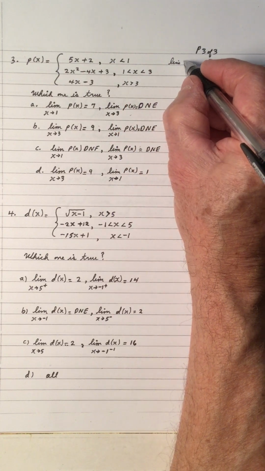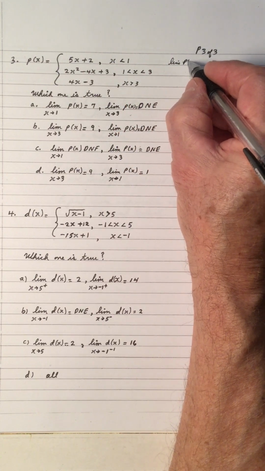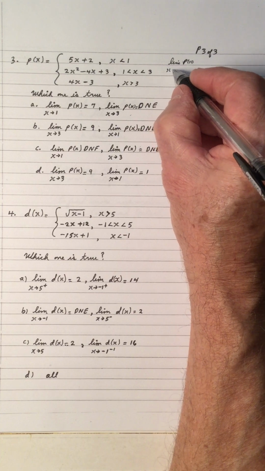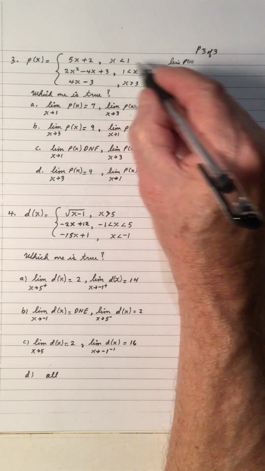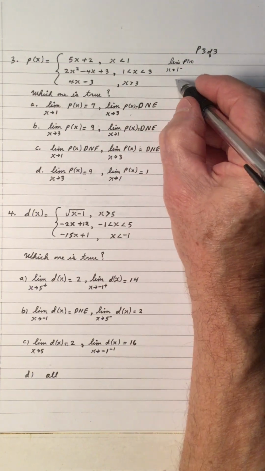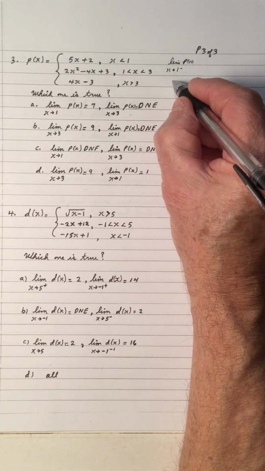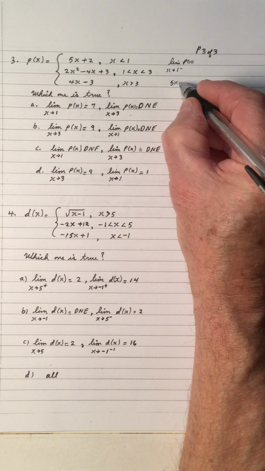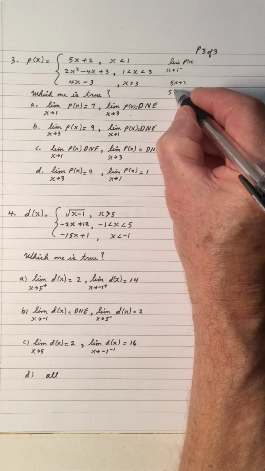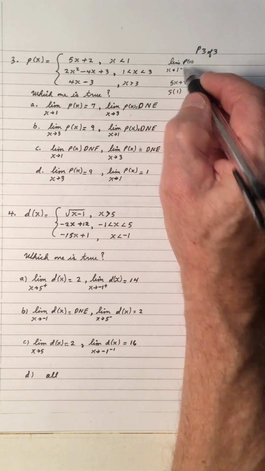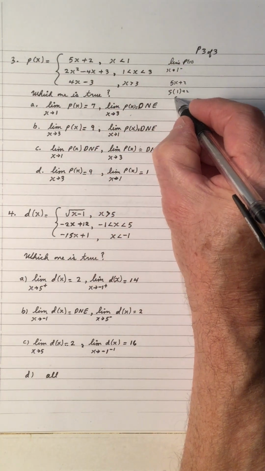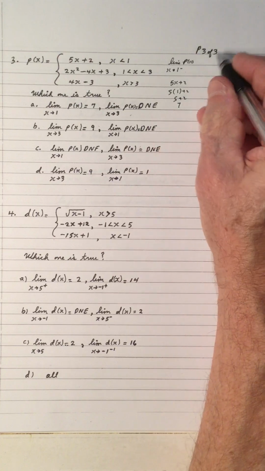Let's look at the limit of p of x as x approaches 1 from the left, so that's 5x plus 2. Approaching 1 on the left side, that's 5 plus 2, 7.